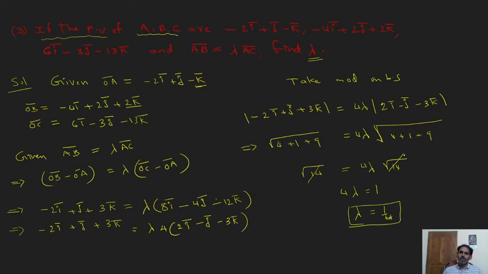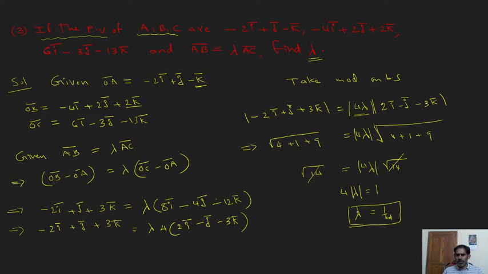Answer correct. Otherwise, you can take modulus for this part also. When you write modulus for 4 lambda also, modulus of 4 lambda equals 1 we will get. When it is modulus, modulus of 4 is 4.